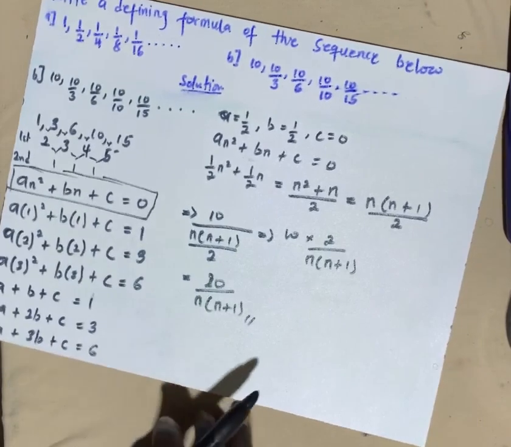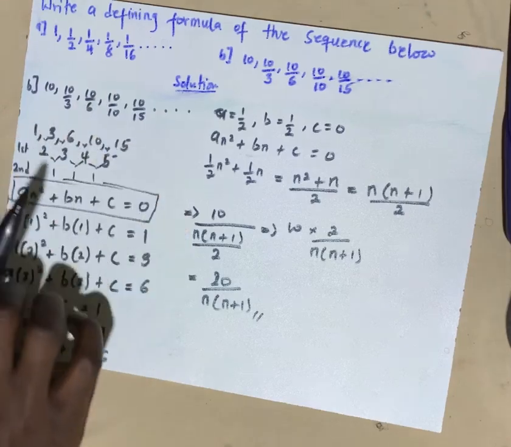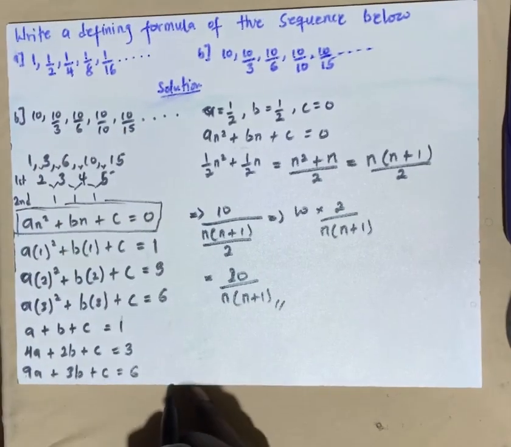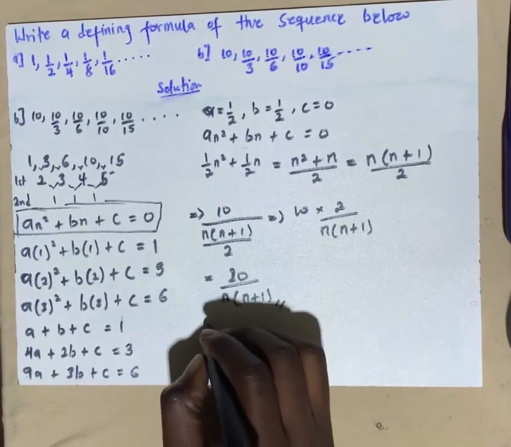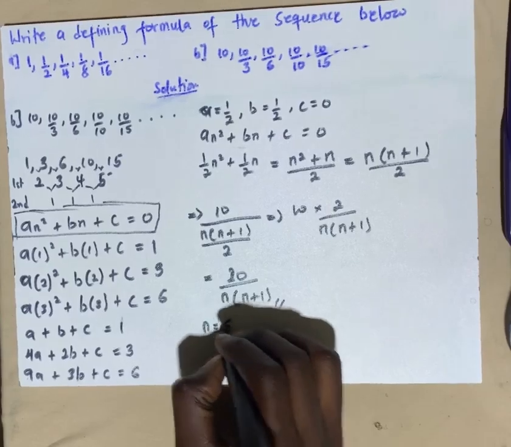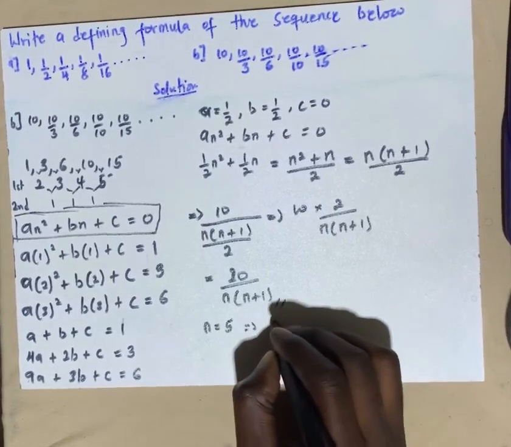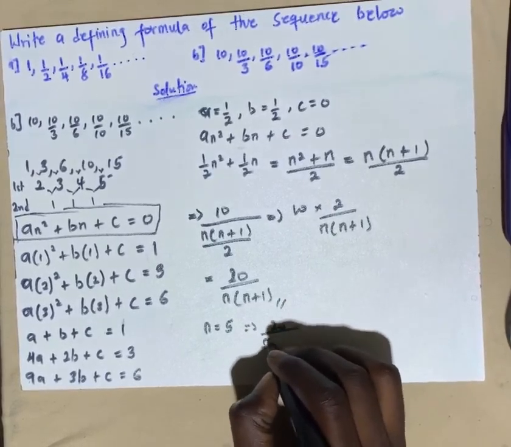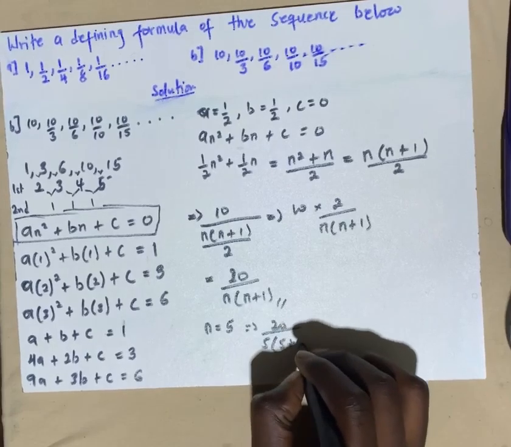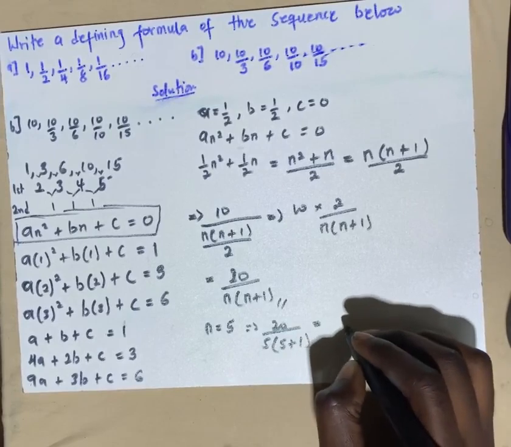So now let us do some test. This is the first term, second term, third term, fourth term, and fifth term. Let us try and prove for the fifth term. So when n is equal to 5, we are going to get 20 all over 5 times 5 plus 1. 5 plus 1 is 6, so 5 times 6 is 30.